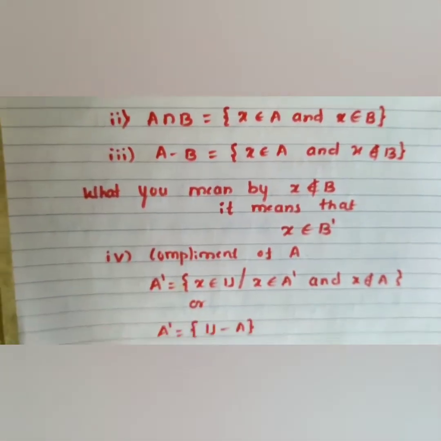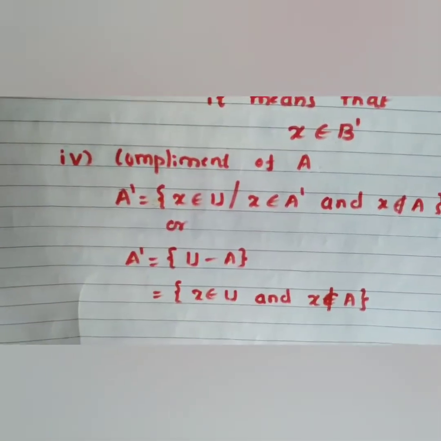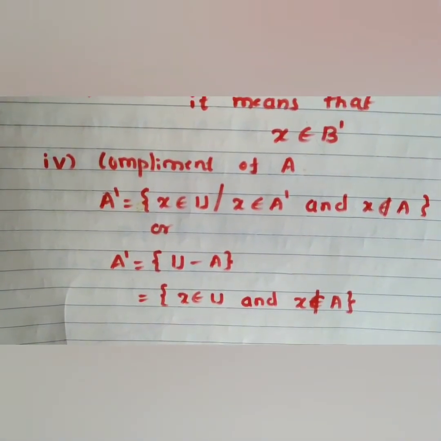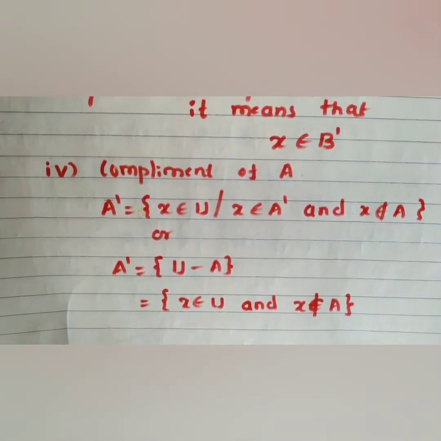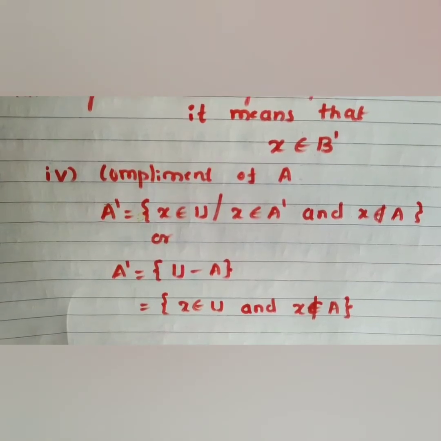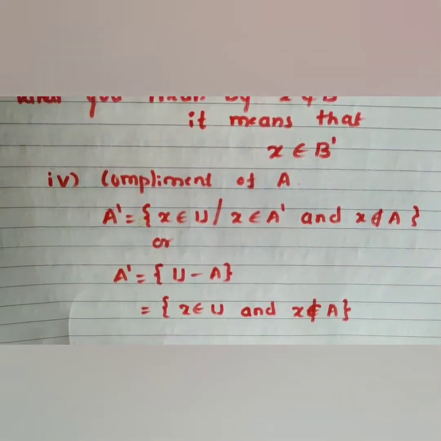Students, now we recall the definition of the complement of a set A. The complement is denoted by A dash, or A bar is also written.